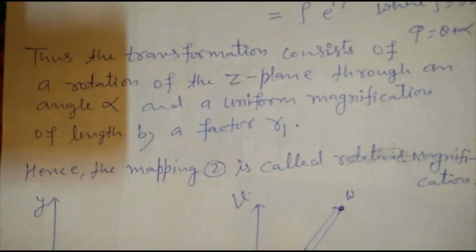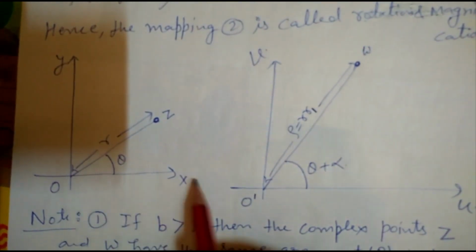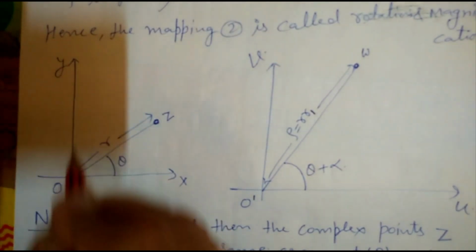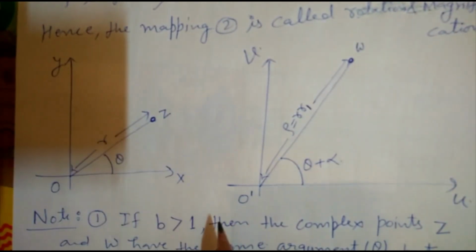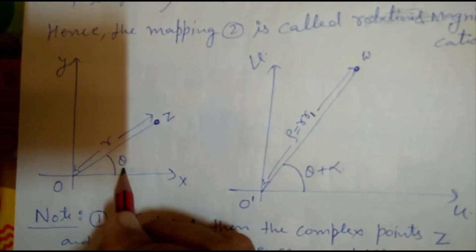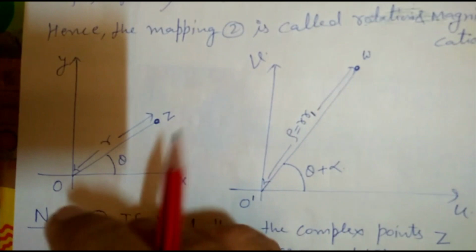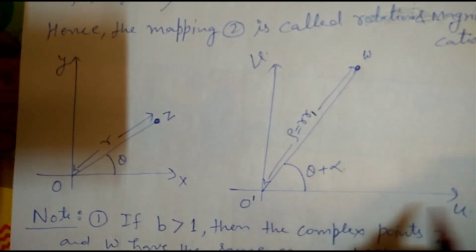Explaining this graphically, this is the Z plane, containing the x-axis and y-axis, that is the real axis and imaginary axis, and say this is a point Z making angle theta with magnitude r.